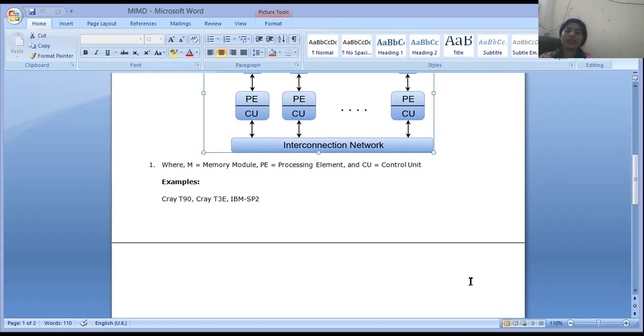Okay, so these are the basic things which I have discussed today. And just before this, I want to recall SIMD again. How does SIMD work?